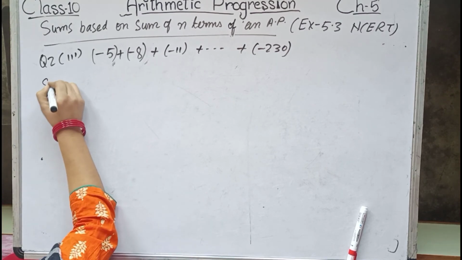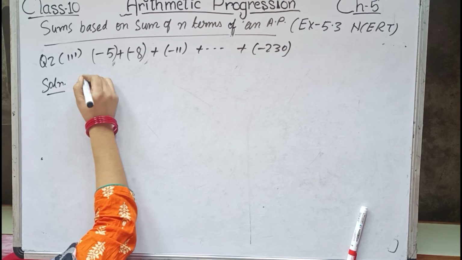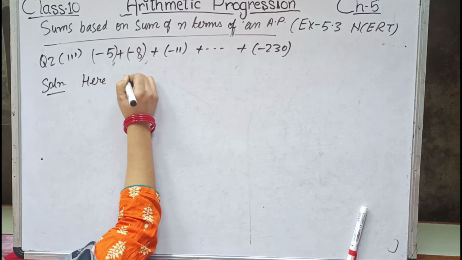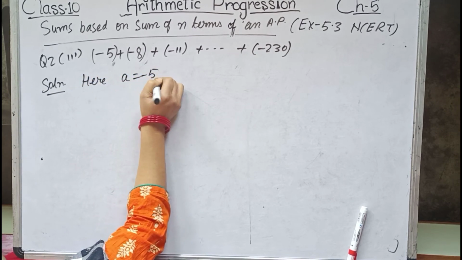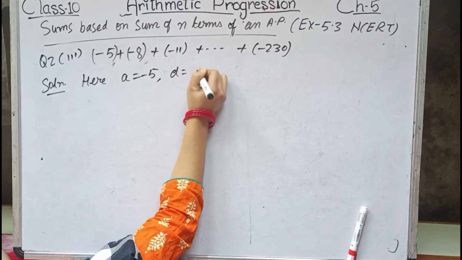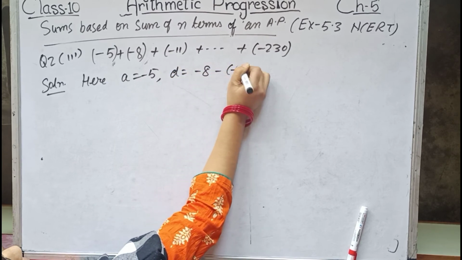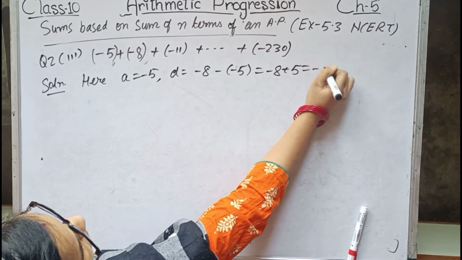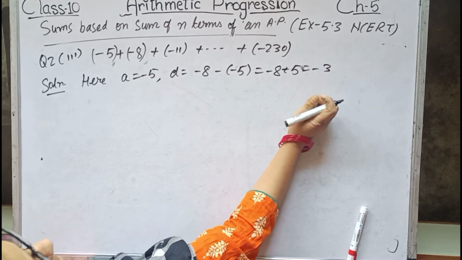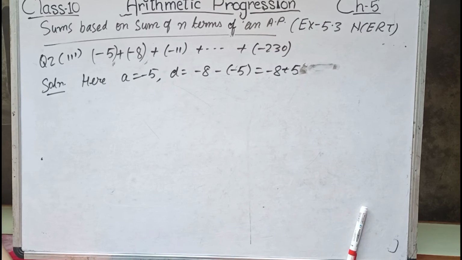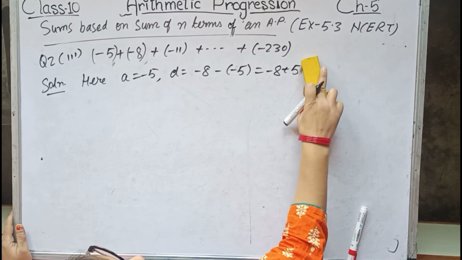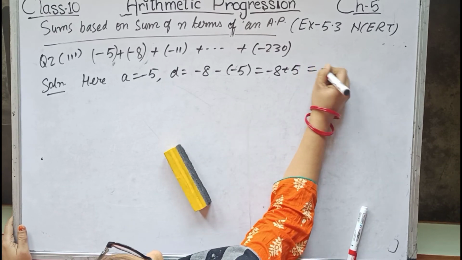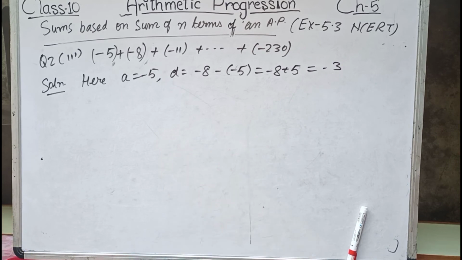So solution. Here, A equals -5, D equals -8 minus of -5, equals -8 plus 5, equals -3.